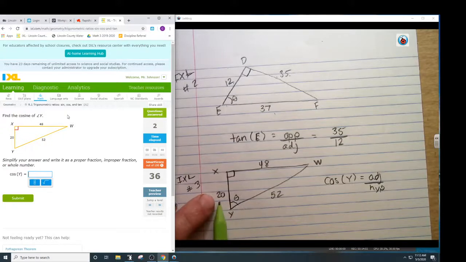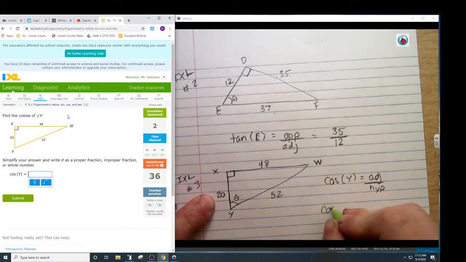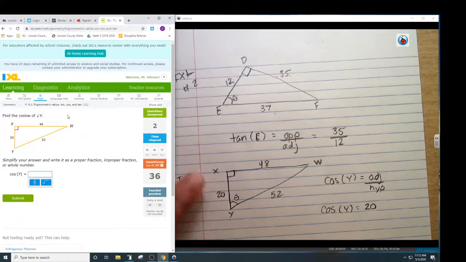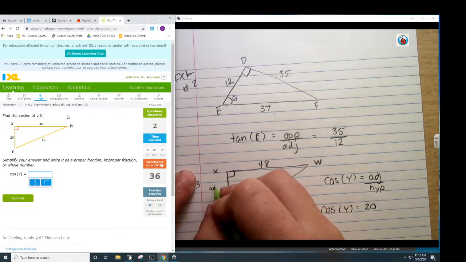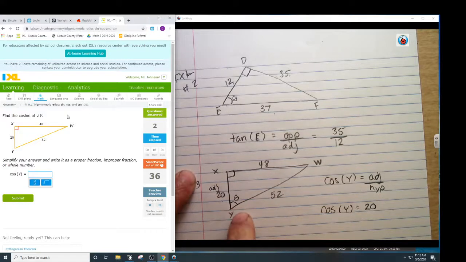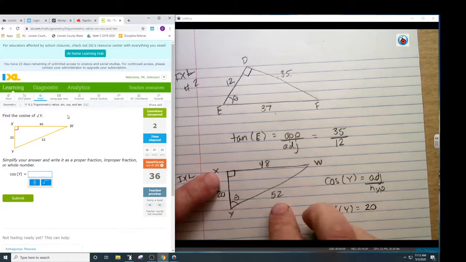So this side is touching the angle, but it's not the hypotenuse. So for the cosine of Y, the adjacent side is 20. This is the adjacent side in reference to Y. The hypotenuse is of course across from the 90, this guy.